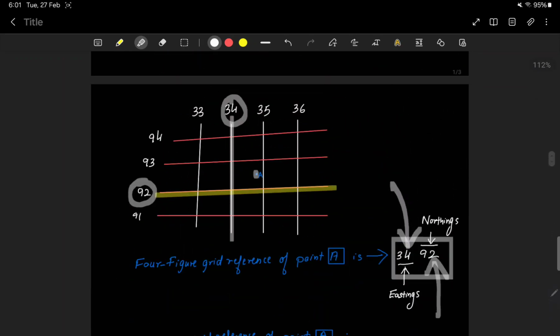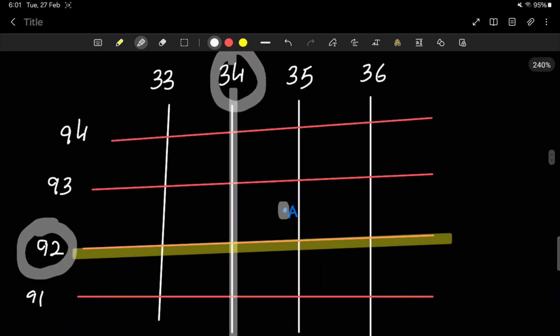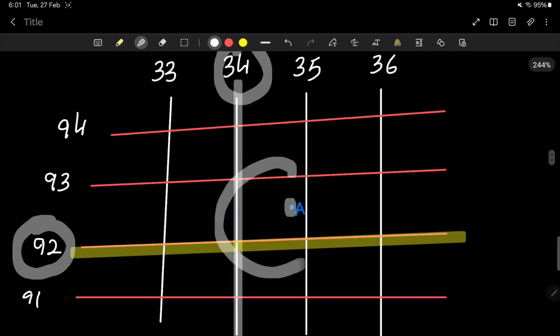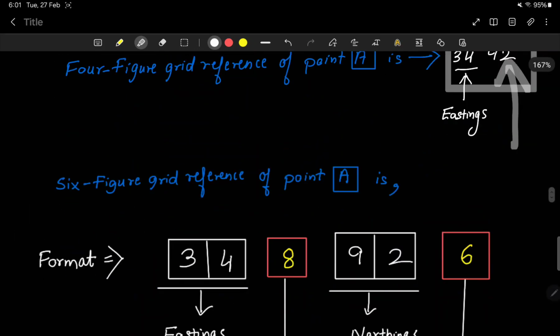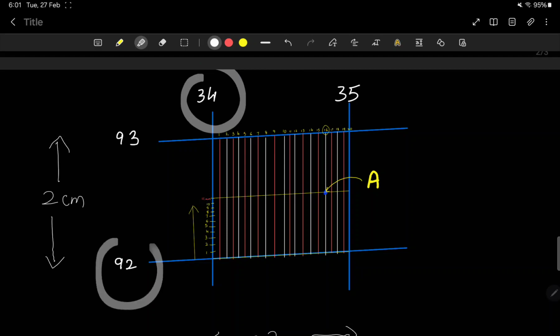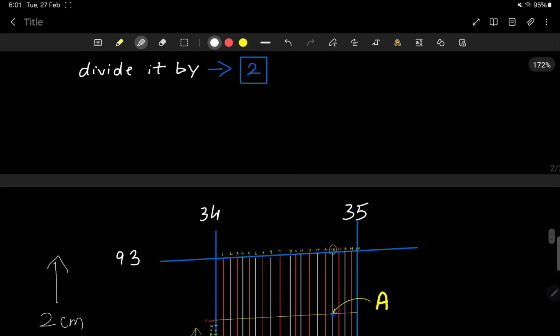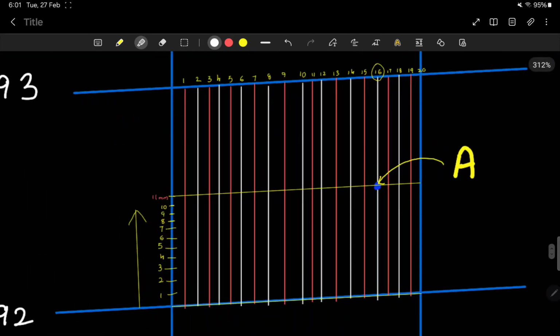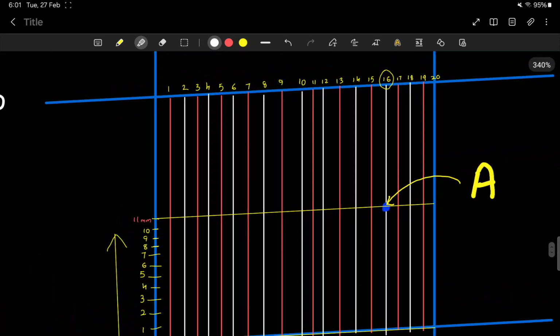Now see this point A. I have made an enlarged version of this particular grid over here. As we calculated, point A has a 4-figure grid reference of 3492. Now we are going to find the distance of point A from left towards right.